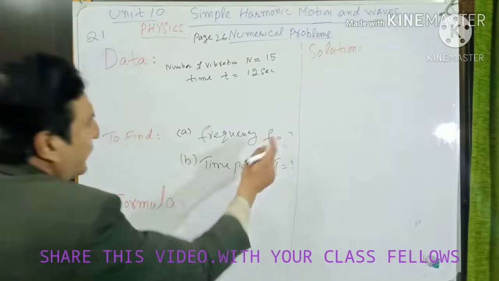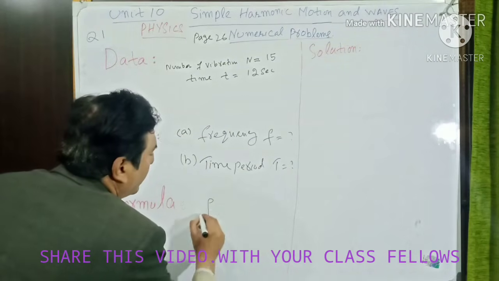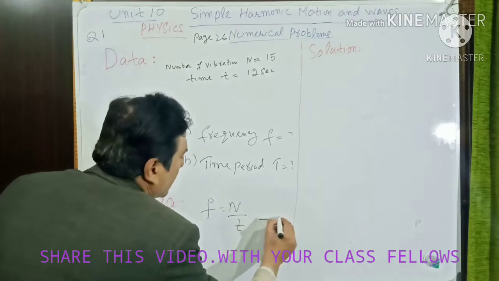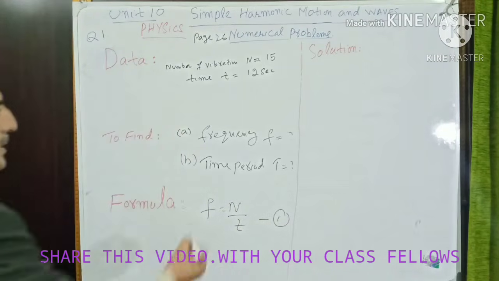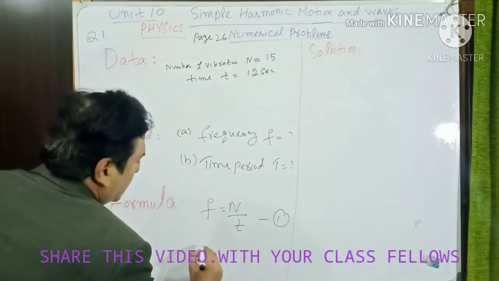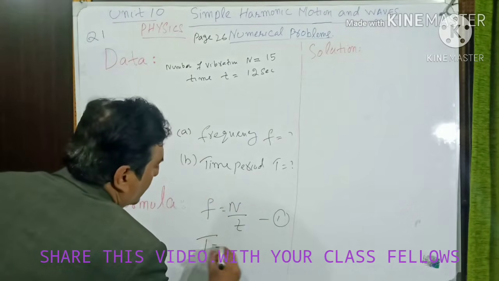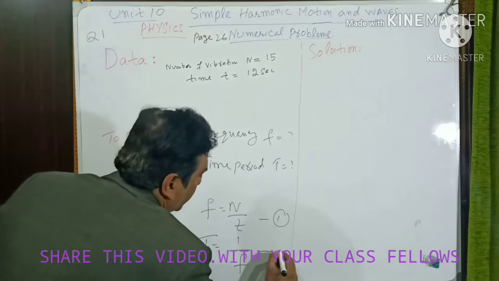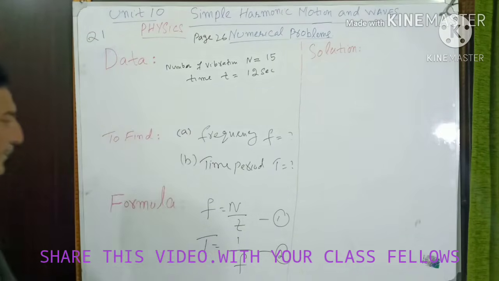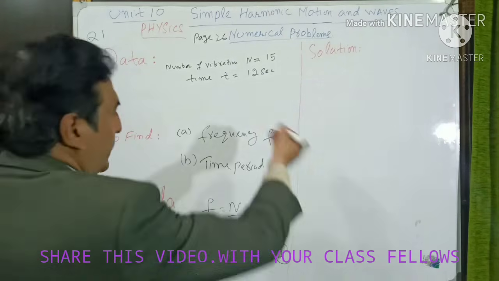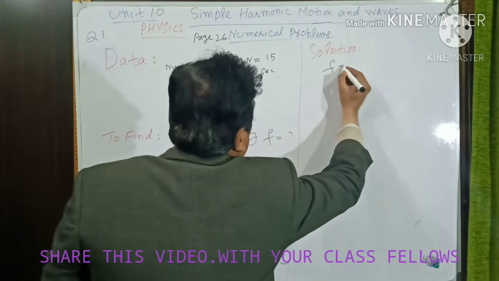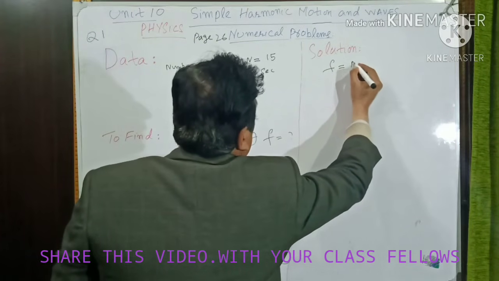The formula for frequency is f is equal to n by t, and for time period T is equal to 1 by f. Time period is the reciprocal of frequency. Solution. First, we write formula f is equal to n by t.